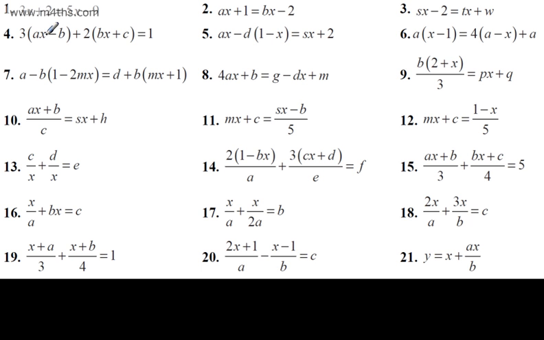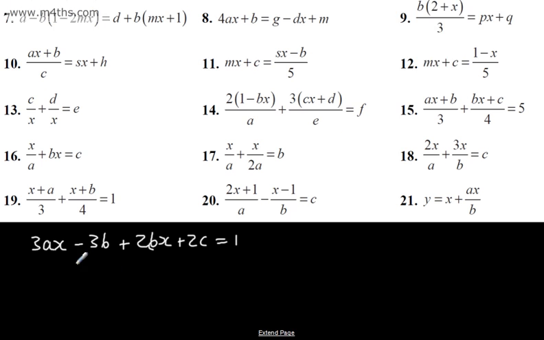So what we've got now is x in one of the brackets and x in the other bracket. We need to expand these to make x the subject. Expanding them, the first one I'm going to have 3ax minus 3b plus 2bx plus 2c is equal to 1. At this stage, I'm going to collect everything on the left-hand side with an x in.